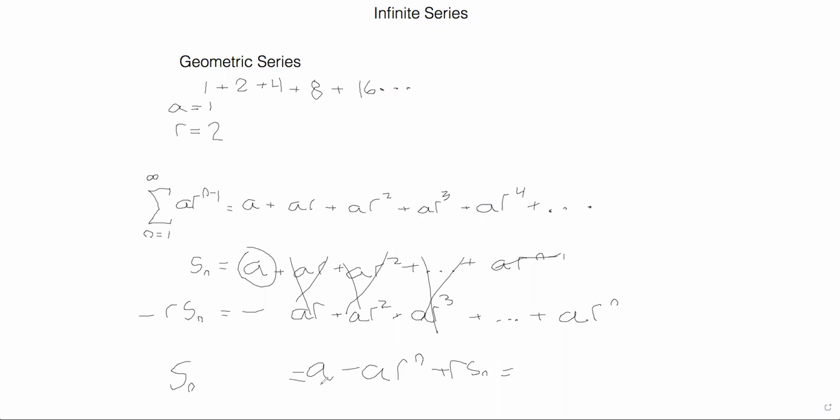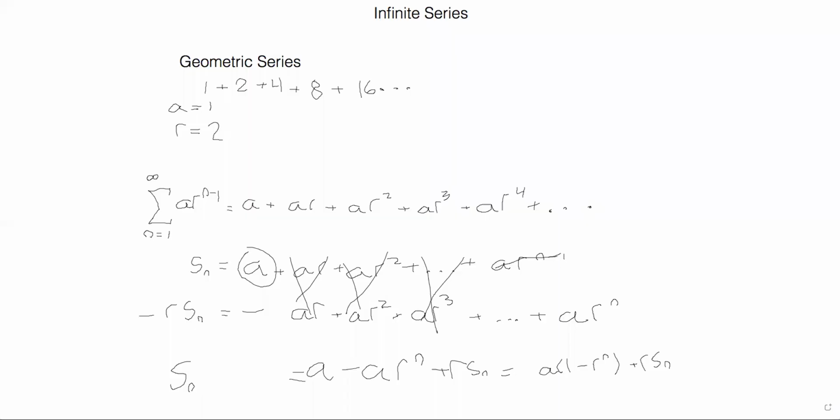I think we should continue and factor out an a from the first two terms. So we would have a times 1 minus r to the n power plus r times S of n. And then from there, we can express r times S of n as, whoops, give me a quick second.